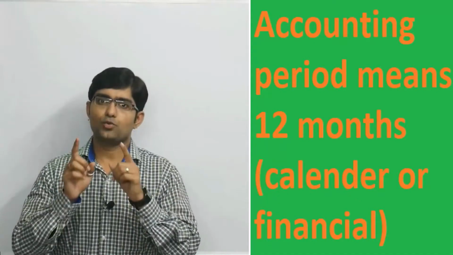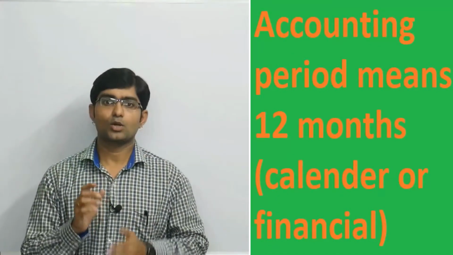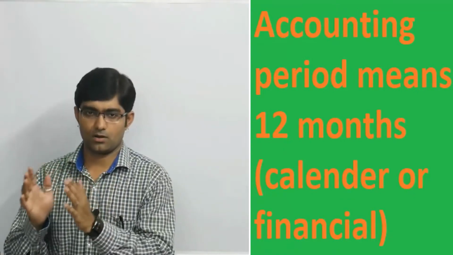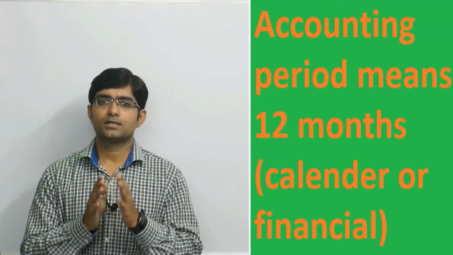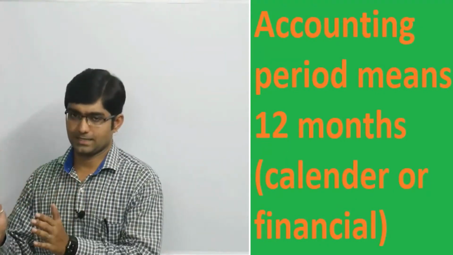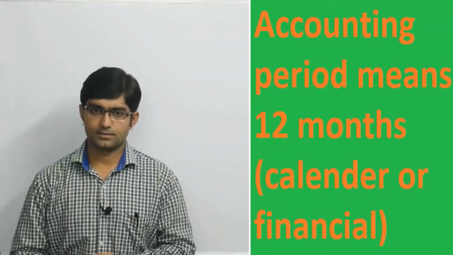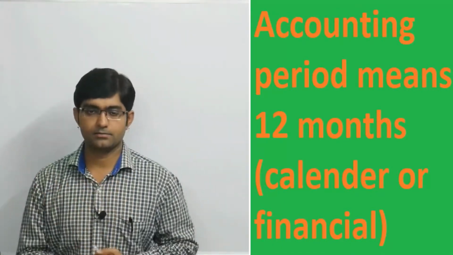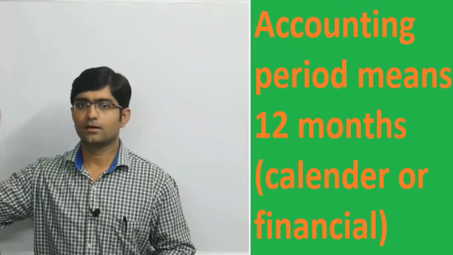No. There should be some period to calculate our profit or loss. Generally, this period is considered to be 12 months, either from January 1st to December 31st, a calendar year, or from April 1st to March 31st, a financial year.